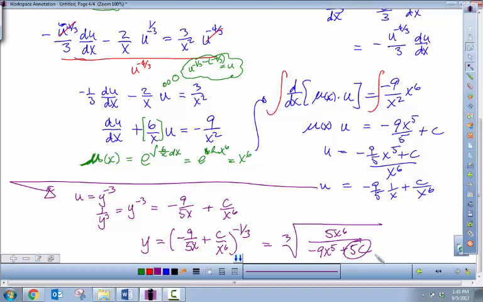So, did I do this right? Did I combine the fraction right? But you've got to put the x with this down there with the c also, right? Was there an x there? Yeah, I think it was just the 5.